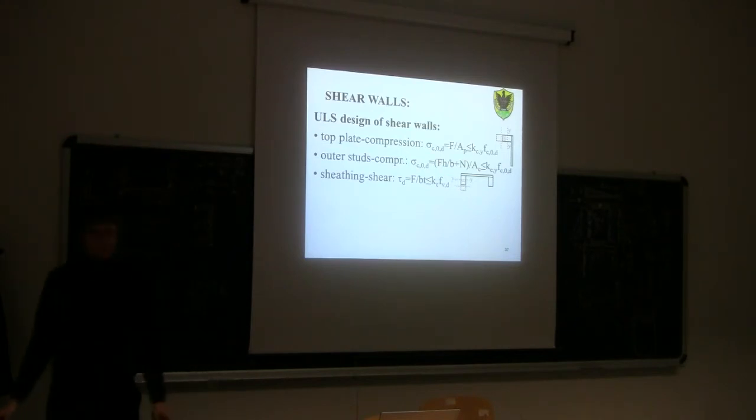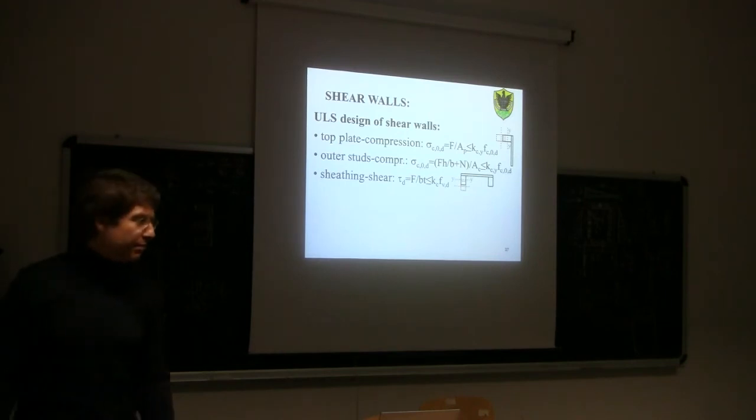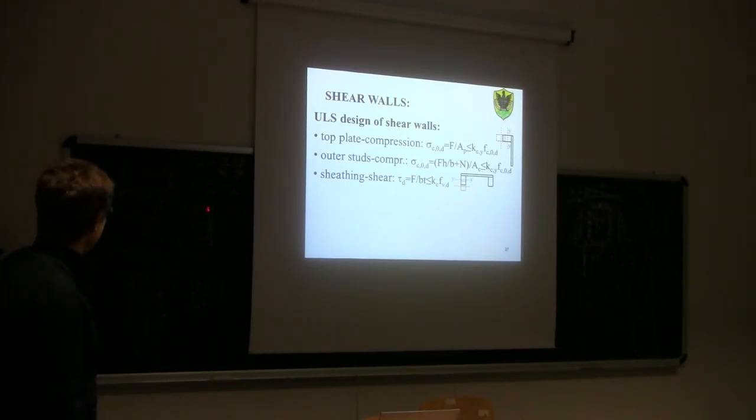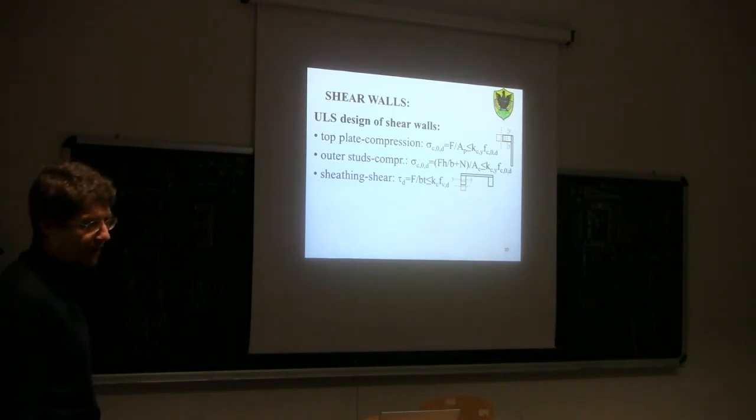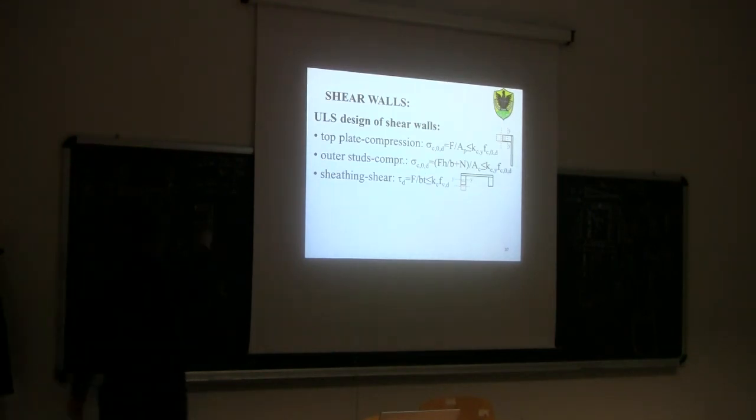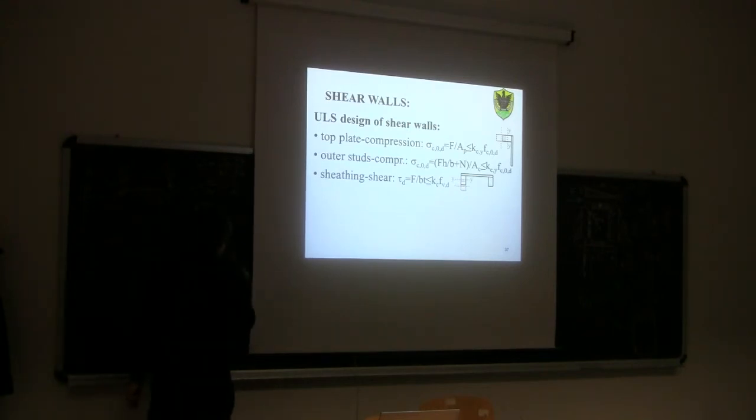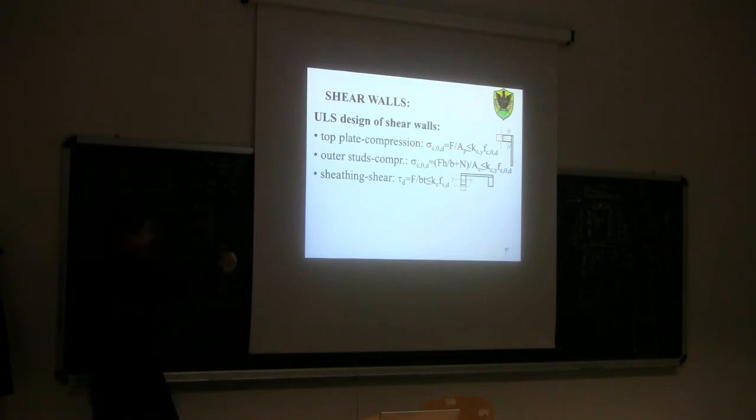if I use the well-known Jourawski formula, when I move from here to here, how is it going to change this first moment of area? The Jourawski formula says that tau is equal to shear times the first moment of area of the part of the cross-section divided by the fiber with respect to the neutral axis, divided by J, the second moment of area, times T, let's call T the thickness.